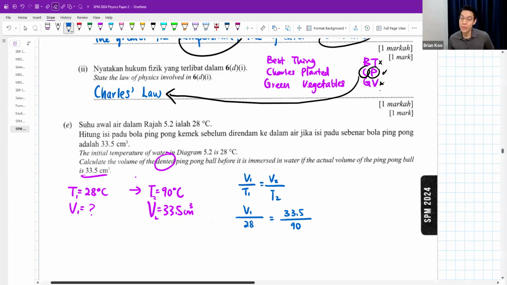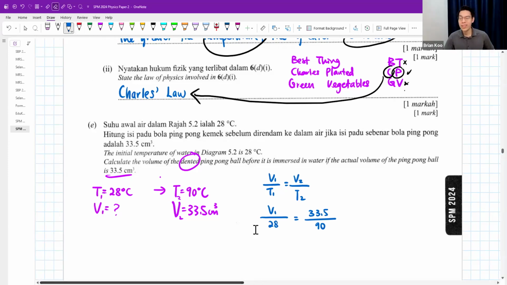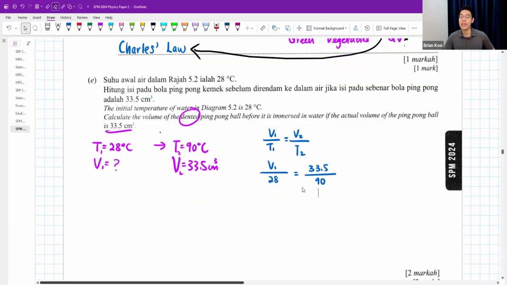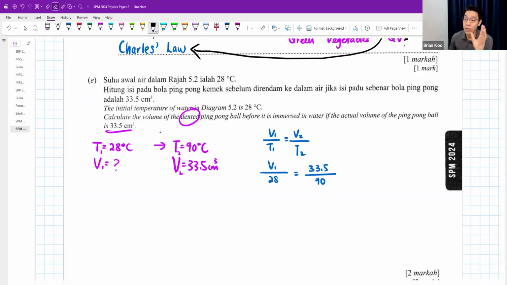The problem is, for gas law, you have to be super careful because temperature can only be in Kelvin if you want to substitute into your gas law formula. Gas law must be Kelvin. Okay, volume can be anything. If one side is cm cube, the other side also cm cube, that is fine. But temperature has to be Kelvin. So you need to know you need to plus 273 to change it to Kelvin.